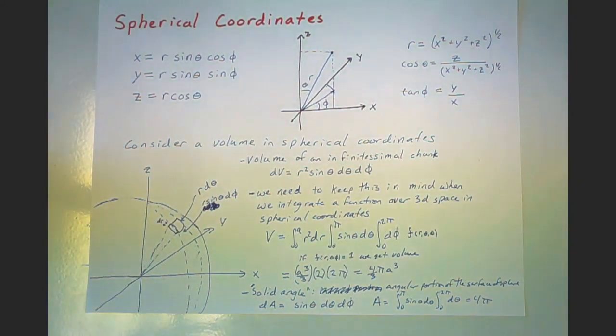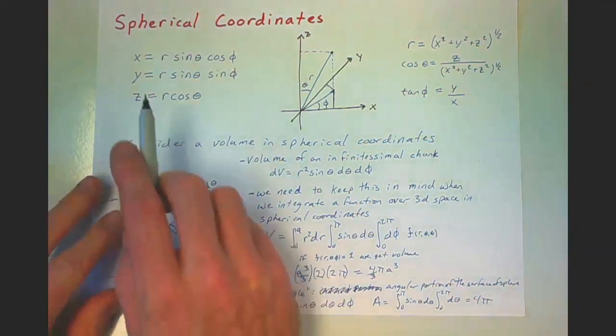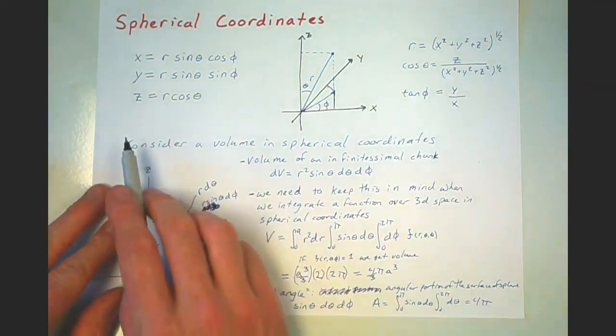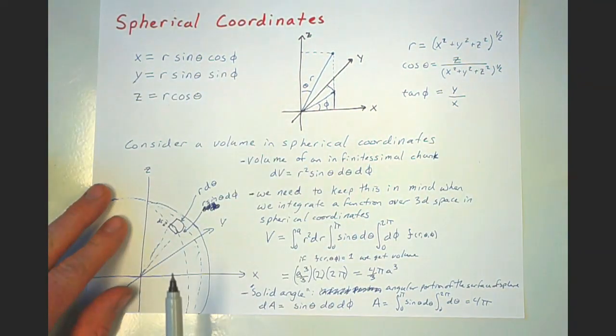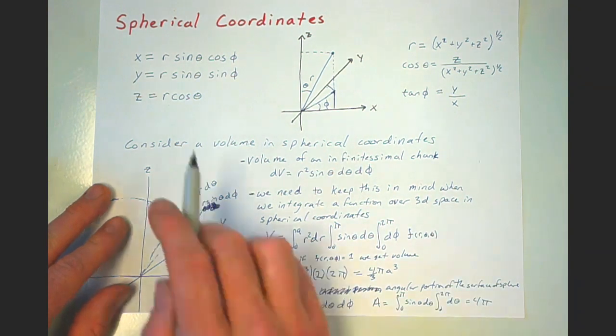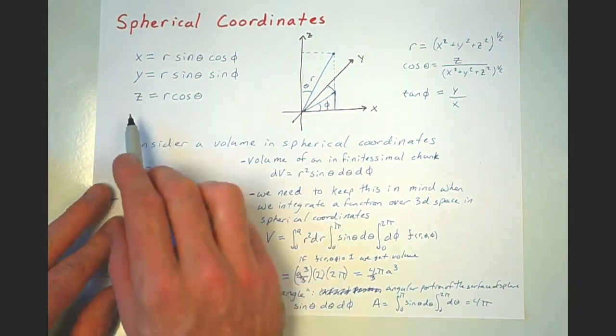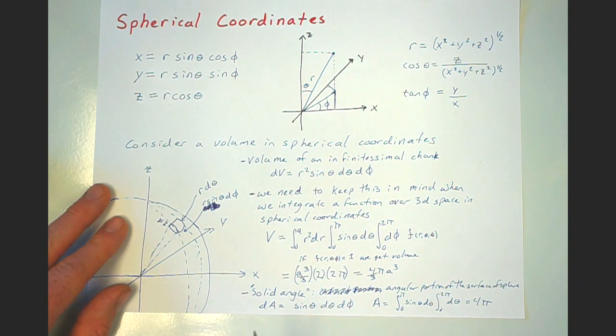We can convert between Cartesian x, y, z coordinates and spherical coordinates r, theta, phi using some simple conversions. x is r sine theta cosine phi, y is r sine theta sine phi, and z is r cosine theta.